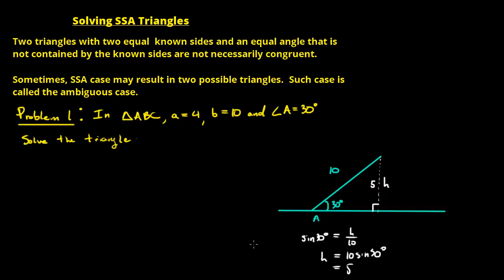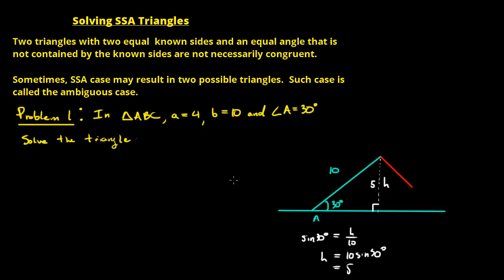Now, if I try to draw a, I know that side a is opposite angle A, and I know that it's shorter than the height. So no matter how I try to rotate the side a, it never intersects side C. Let me draw a dotted line.